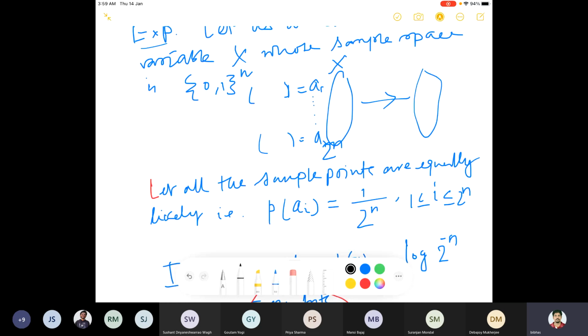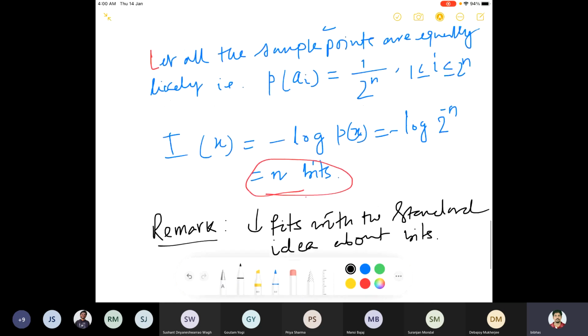But here the question is, if I do that, and let us assume that I have that many symbols, equal to the number of distinct binary strings of length n, that is 2 to the power n symbols, and I want to code all these symbols using a string of 0s and 1s of length n, then this is the amount of information I need to store it, which is exactly equal to this many bits of the amount of surprise I have.